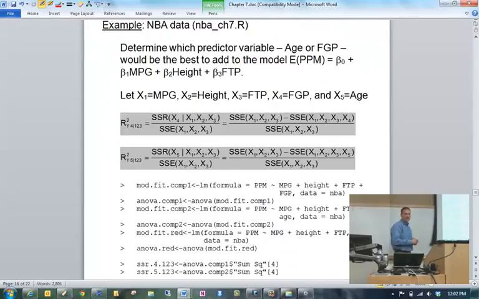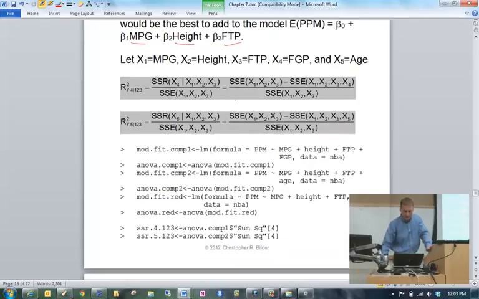So, let's go back to the NBA guard data set again. Let's say that I already have MPG, height, and free throw percentage in the model. That's actually the model that we've been talking about. And we need to make a decision here. Is including age as well, or field goal percentage, good to do? That's where this coefficient of partial determination can help you.